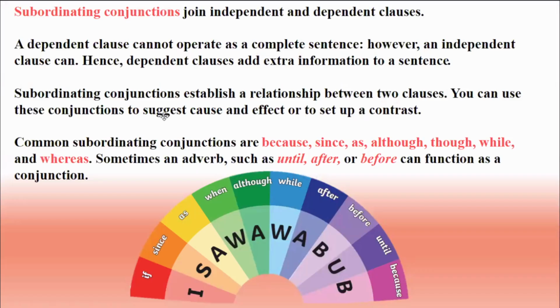So subordinating conjunctions join independent and dependent clause. Independent and dependent clause කියන්නේ මොනවද? Independent කියන්නේ if the sentence can stand alone, right? Without any support, those are independent clauses or sentences. Dependent clauses කියන්නේ when it has to depend on the main sentence or any other sentence.